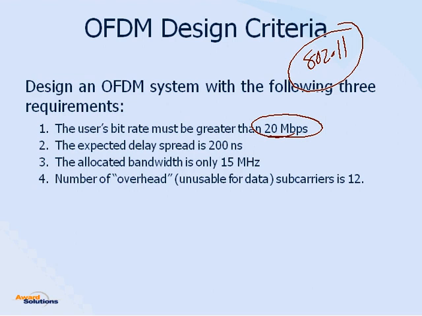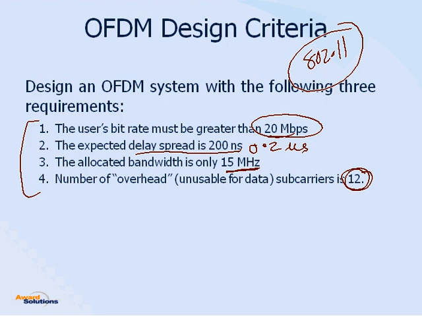The delay spread is 200 nanoseconds, so basically 0.2 microseconds. Available bandwidth is 15 megahertz, and there is a dozen subcarriers that cannot be used for data. So this is what we are given, and we need to meet the requirements.